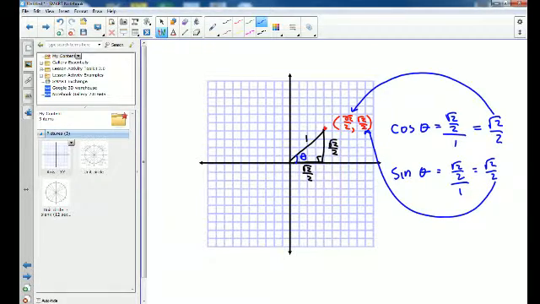If we make the hypotenuse 1, then our coordinates give us cosine and sine. So what angle is that? 45. So we could put 45 here, and the tangent gives you 1.